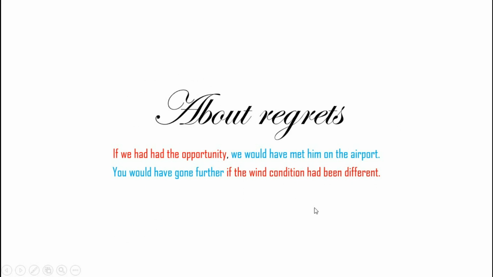Now for the third conditional. About regrets. This one will refer to things we did in the past. Things we want to express that we either liked what we did or that we didn't like, but it happened in some past, right?